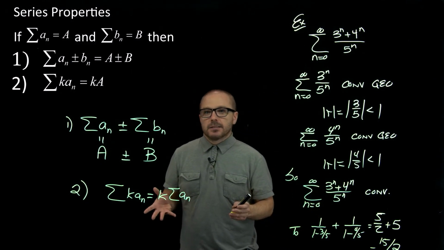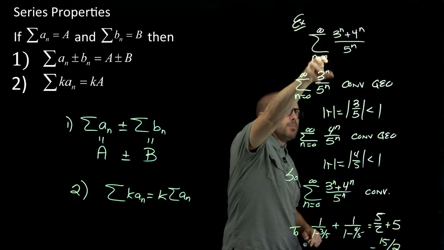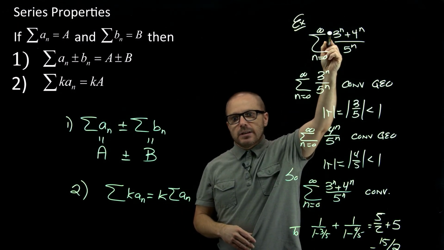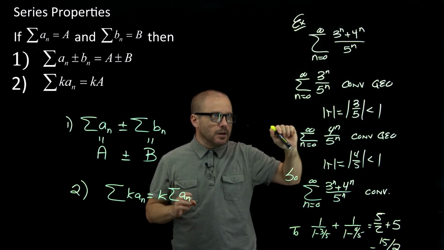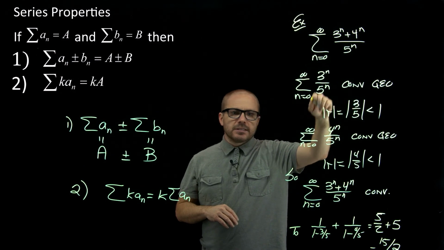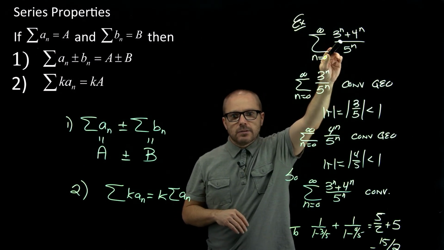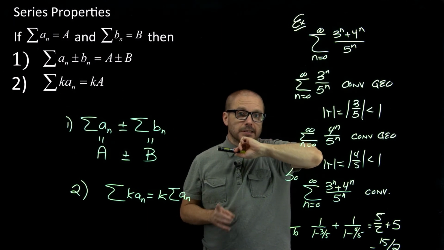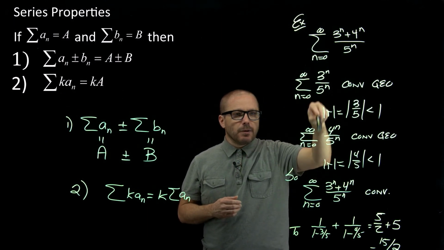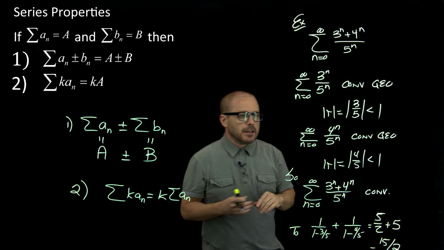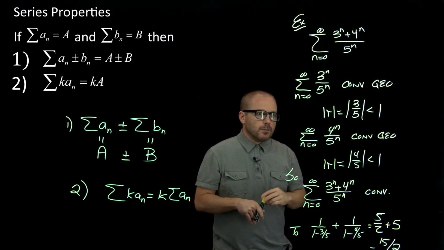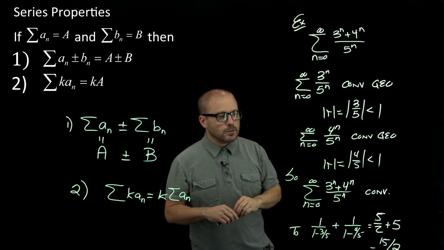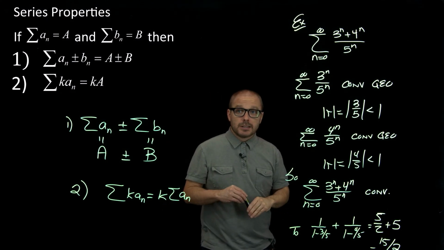But for any series you have, if you can break it up and the two individual pieces converge, then you know this series converges. Now, what you don't know is, if these diverge, it doesn't tell you that the series diverges. And that's what we're going to look at in just a second. Turns out if these both diverge, you know nothing, at least from that. But if one of them converges and one of them diverges, then you do know something. So we will look at that next time.